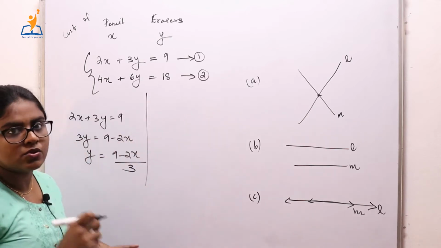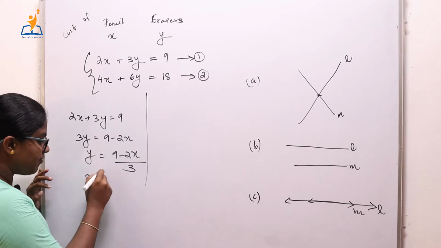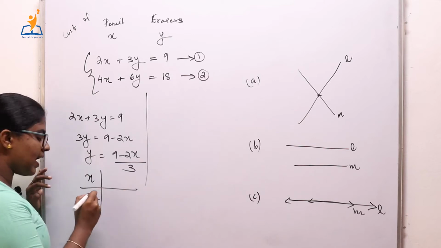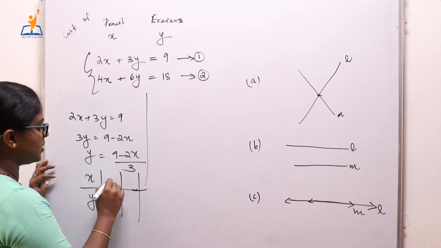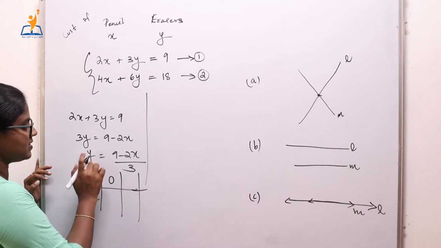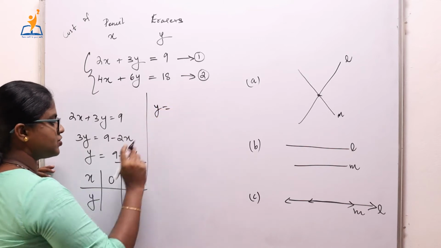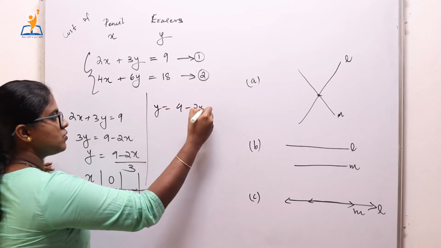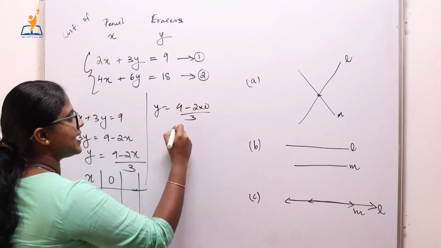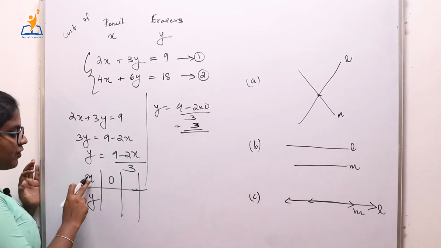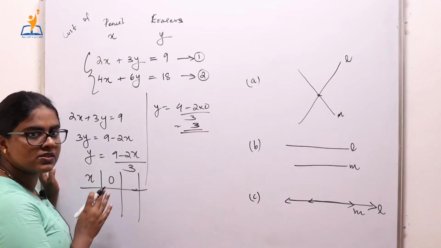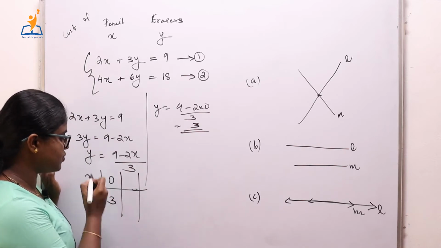Now we want the solution table, that is, x values and y values corresponding to each x value. Let's put x = 0 first. So y = (9 − 2 × 0)/3, that is 9/3, so 3 will be the y value. Corresponding to x = 0, we have y = 3.